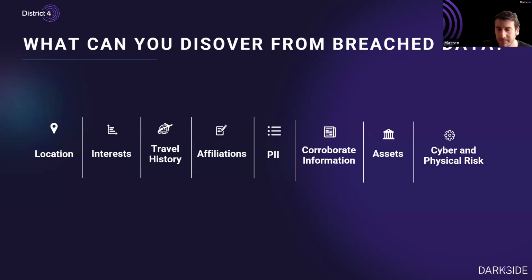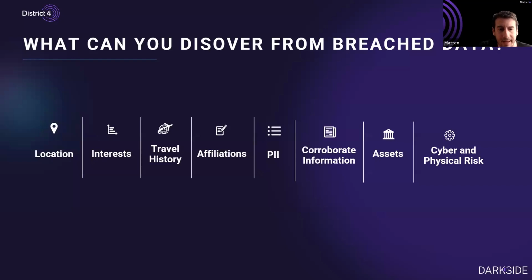Affiliations, so corporate affiliations, affiliations with different organizations, financial affiliations, and obviously different PII, right? The birthdays, phone numbers that you can use to locate an individual and learn more about them. You can use this data to corroborate information that you might already have.